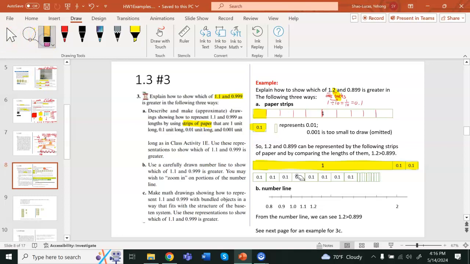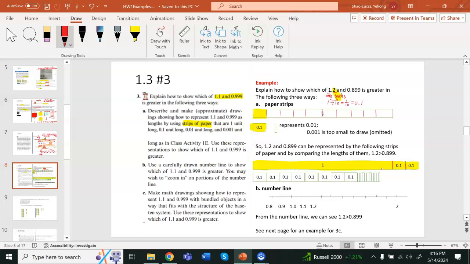Once we have the first paper strip, make sure when you tape them or when you do the drawing, you don't leave any gaps between the first paper strip of length 1, the second paper strip of 0.1, and the third paper strip of 0.1.